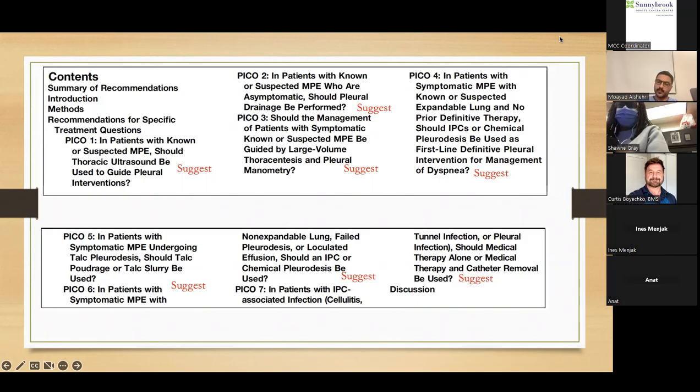If there is no improvement, you consider removal versus change if you still need it. So I would say it's unique in that way that unlike any line infection or catheter infection, we keep it if we can.